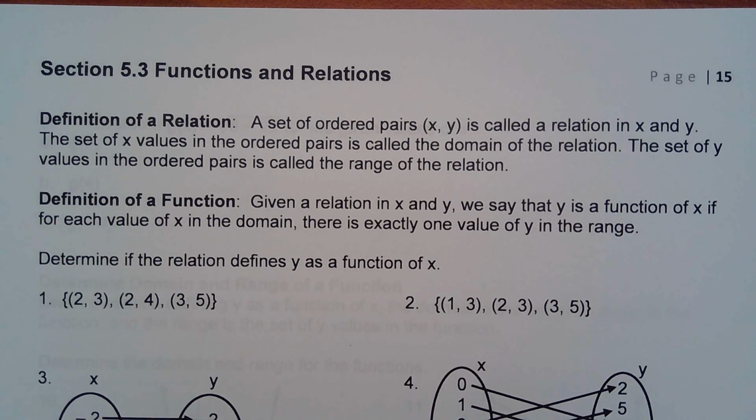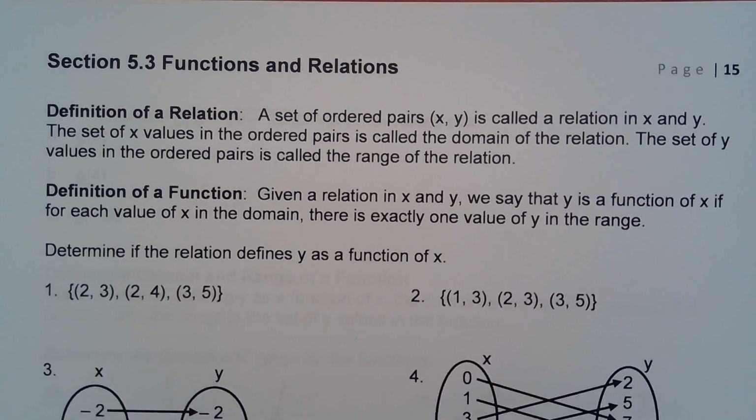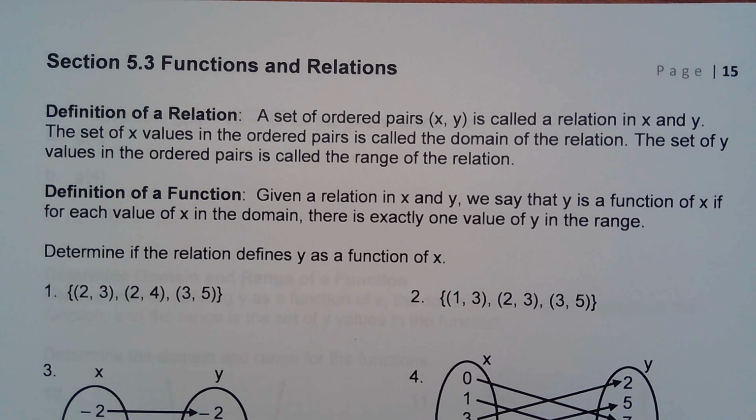In other words, I cannot have an x value that goes to more than one y value. Think of it like a machine. If I'm putting in the same input, I can't be getting two different outputs. That means my machine is not working, it's not functioning, so it's not a function. For each input, I should only get one output.